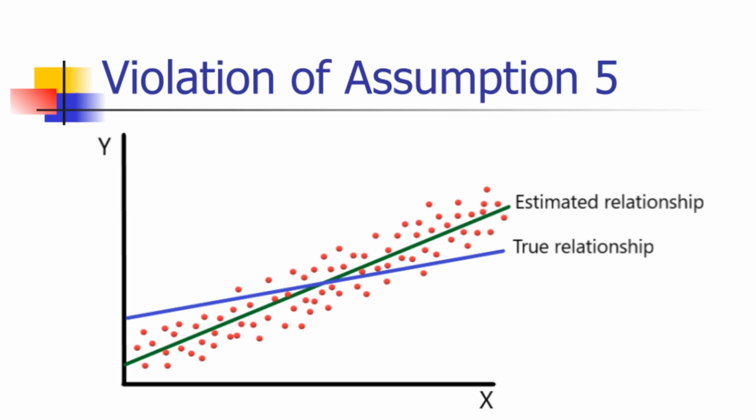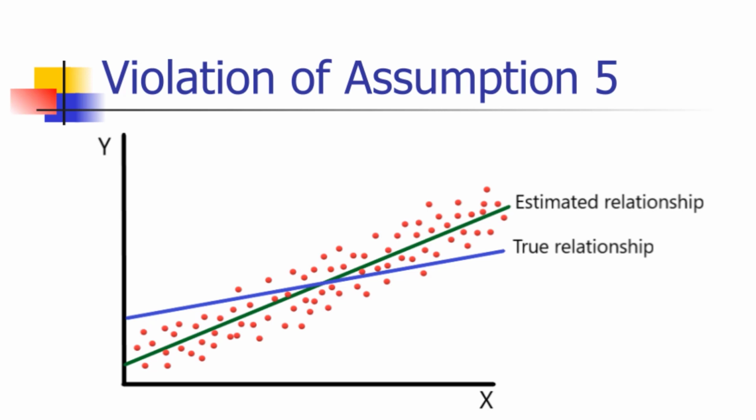So what will occur then is that the estimated relationship will tend to have negative errors at low values of x, positive error terms at high values of x, and if we fit a regression line through it, we're going to be overestimating the actual slope.